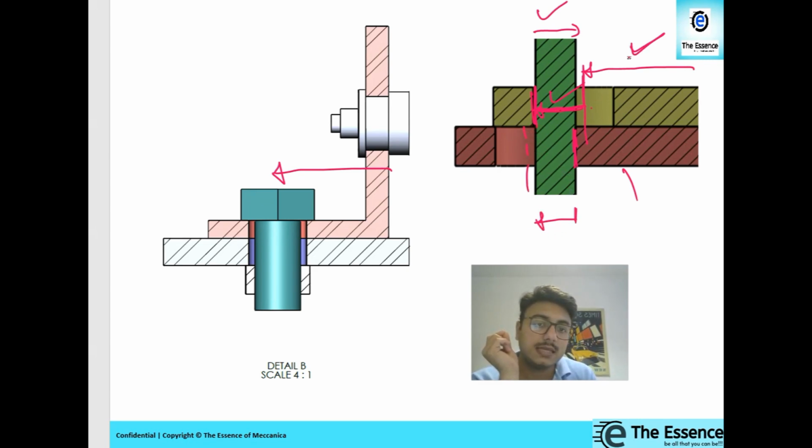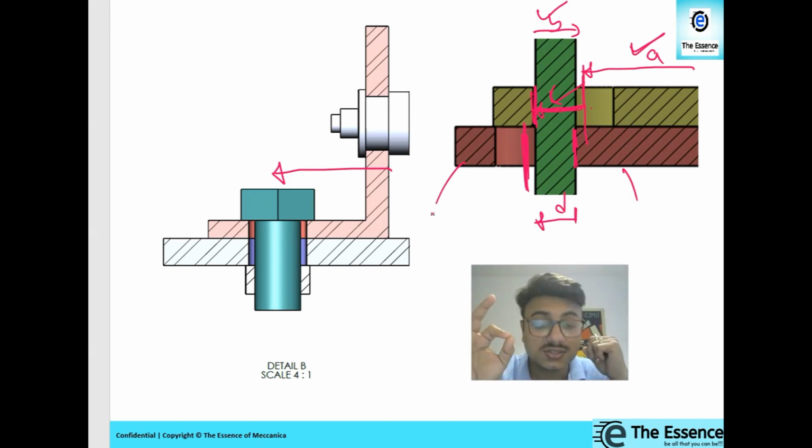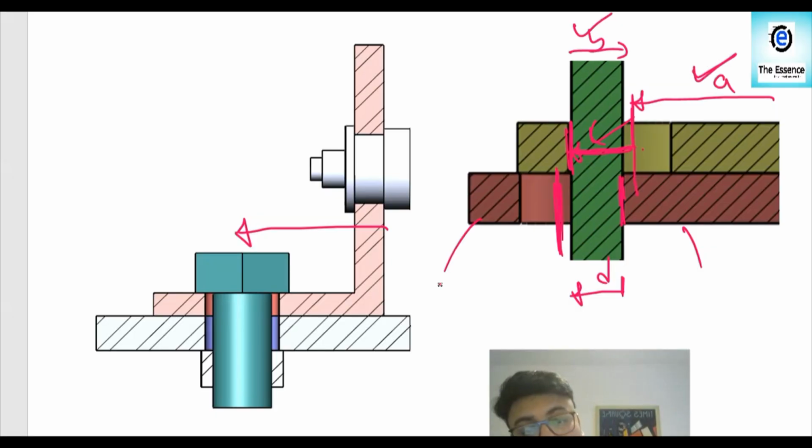Suppose this is A, then this is B, C and D. In this way I will be reaching the center of this base plate, and then the other loops will be similar. So instead of the other method, this way is also fine. We will get similar results. So you can choose either way, prepare the tolerance stack up table and let me know.